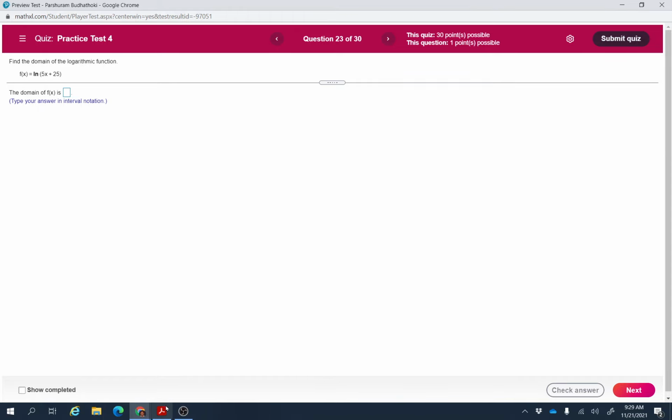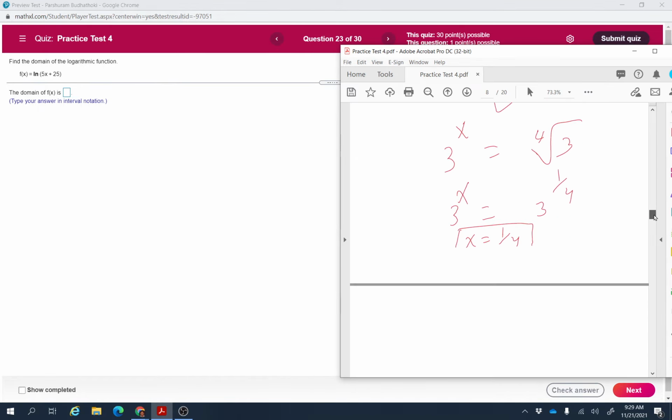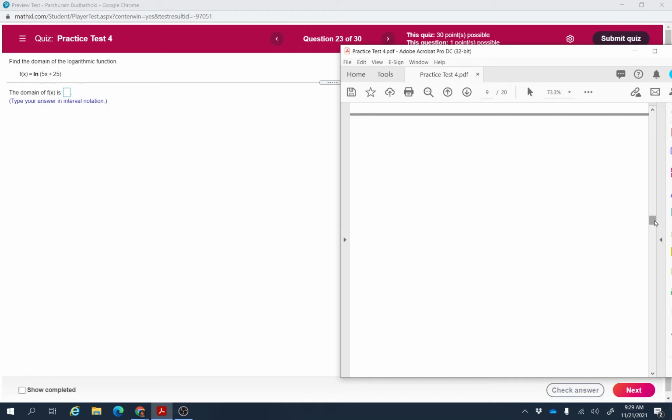Find the domain. If you are finding the domain for a log function, this is log base e in this case. Whenever you have log base b, any base, either base 10 or base e, which is ln basically, and if there is something inside the parentheses, for finding the domain, that something has to be greater than 0.